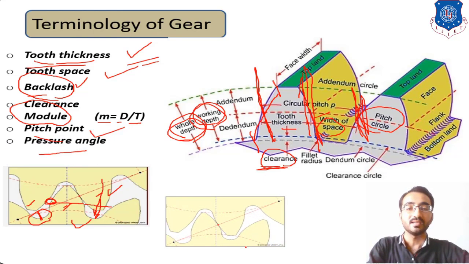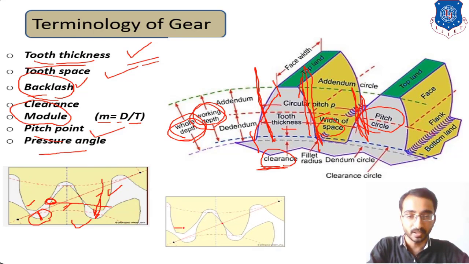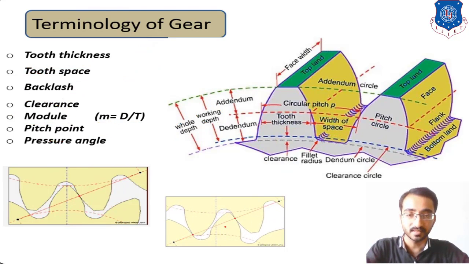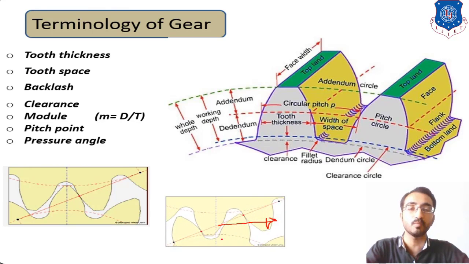Next one, pressure angle. Pressure angle is an angle which is measured from the common tangent. If you consider a tangent over here, then this tangent is common for gear 1 as well as gear 2.